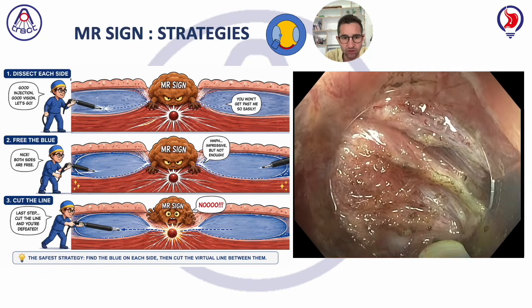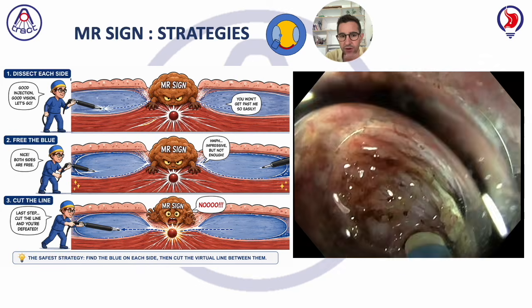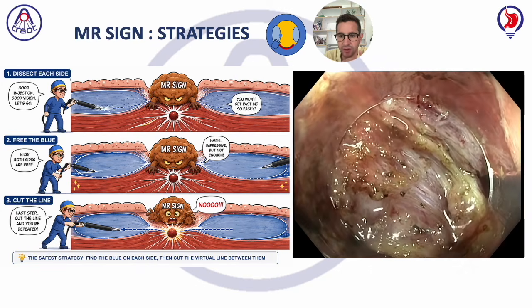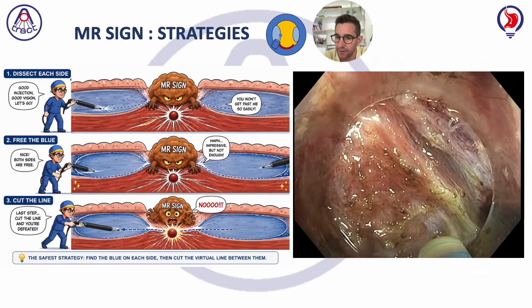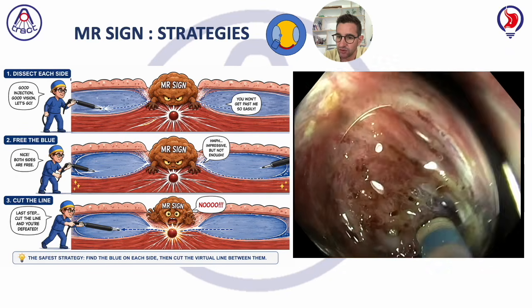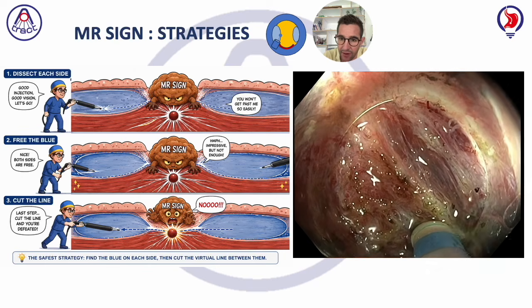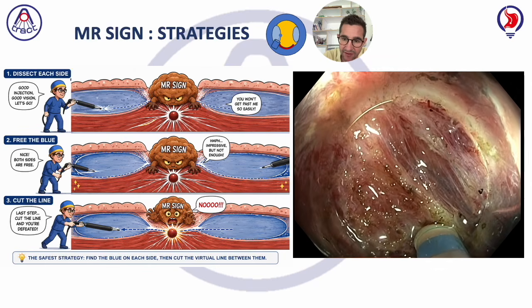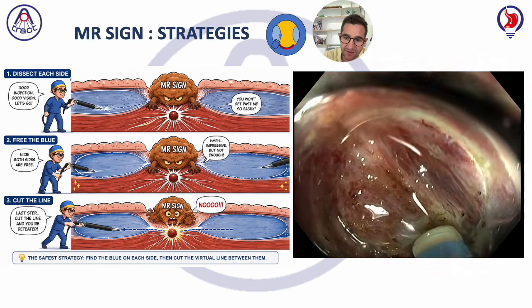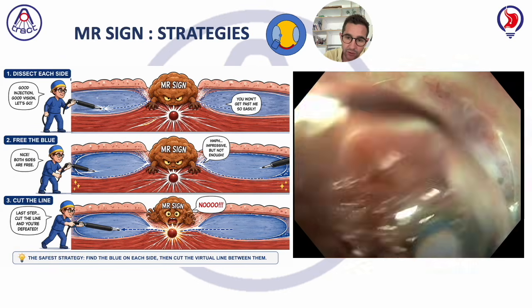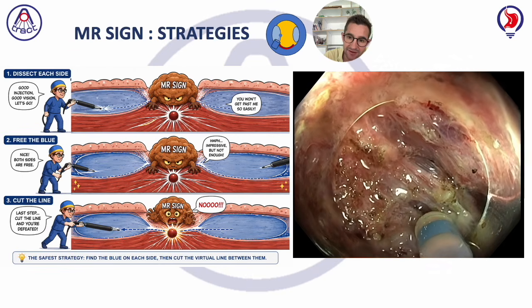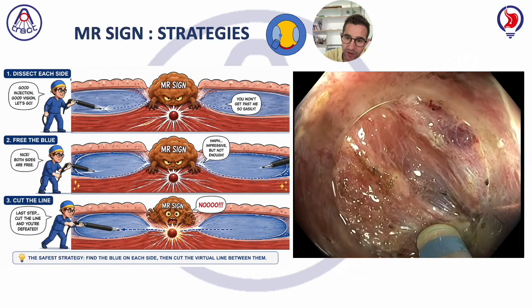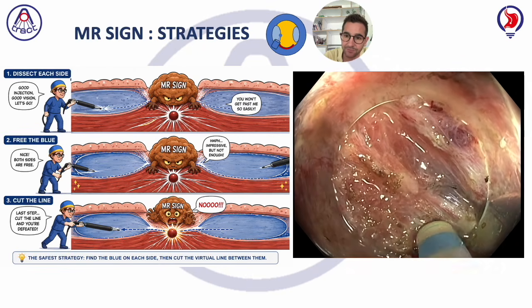Whatever the strategy chosen, if you do a tunnel or a multipolar traction strategy, in both you can try to inject on the right and on the left, on the two sides of the muscle retracting sign, in order to have a blue-to-blue strategy. It means when I don't know how to pass in the middle, I will try to find blue on the left.